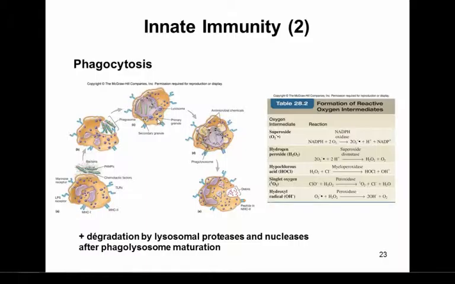So maturation is a very important process which has different components which play different roles in killing bacterial cells. Now, one of them, which is highlighted here, is the secretion of reactive oxygen intermediates into the phagolysosome.